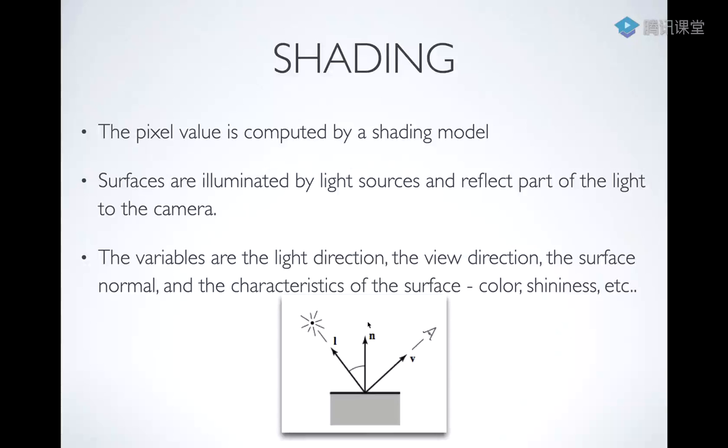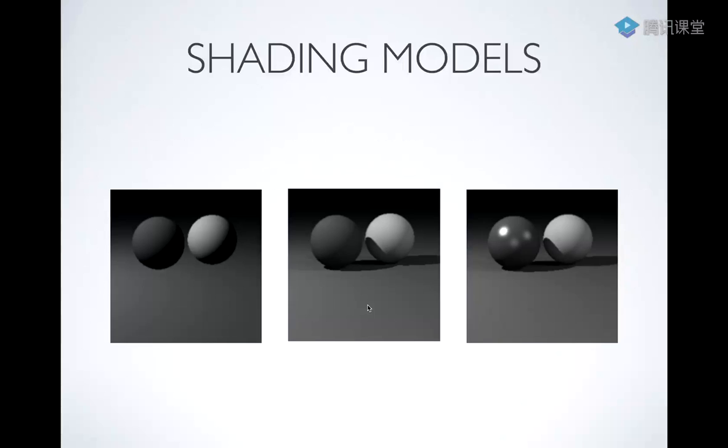Okay, so first let's look at some simple direct shading models. Let's look at this picture first. This is more like a roughness image, right? This one we added ambient light and shadow, right? This is the final one, which we rendered with the specular part.